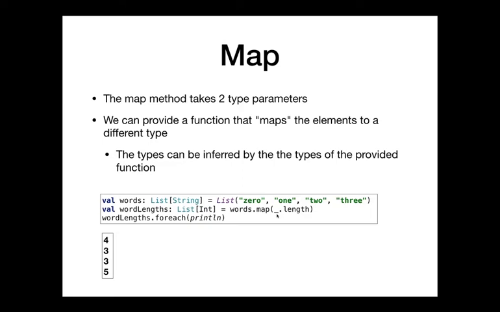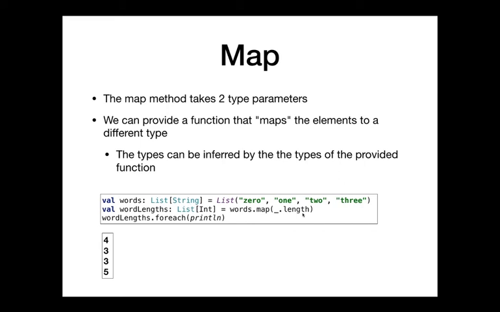So this input is going to be a string, and I'm using underscore, so that was able to be inferred by Scala. Scala knows that words is a list of strings. You're calling map. Map expects a function that takes a string, so underscore is of type string. But .length returns an int. So since it sees that it gets a function from string to int, the map method knows that its second type parameter must be int.